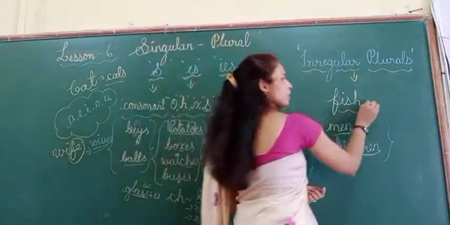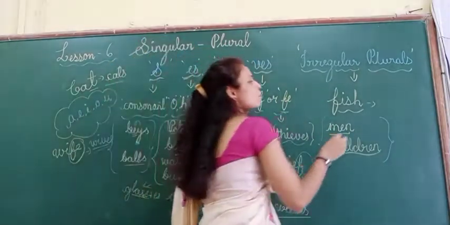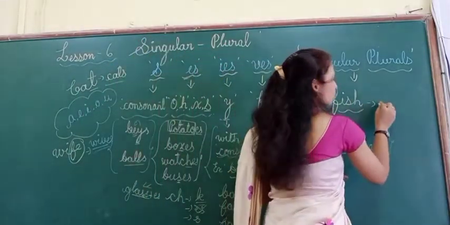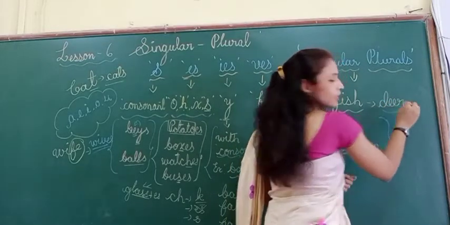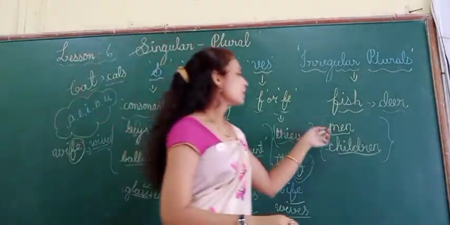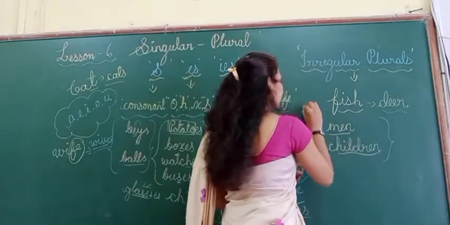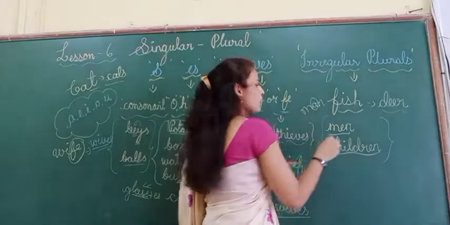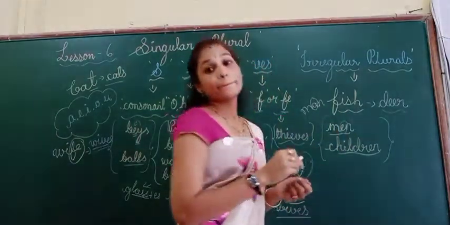One more example I will give for irregular plurals. For that, deer remains deer. You have studied it in your second standard. Yes? Here, men instead of man, we have written E instead of A. We pronounce it as men.